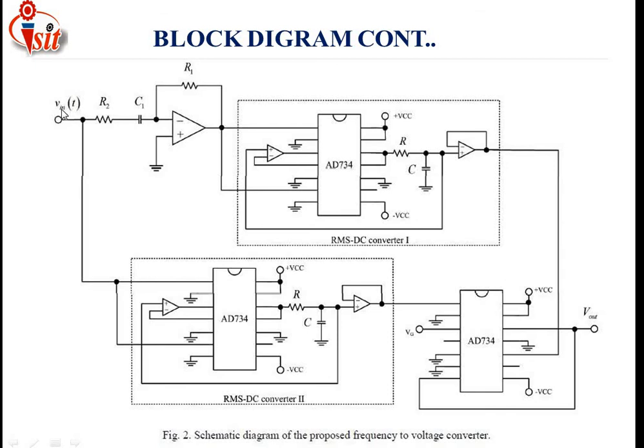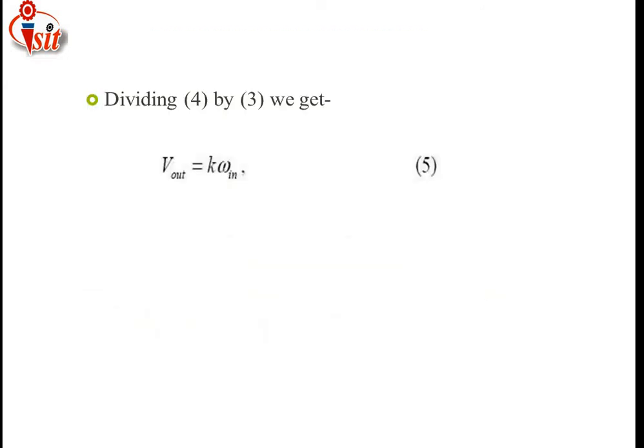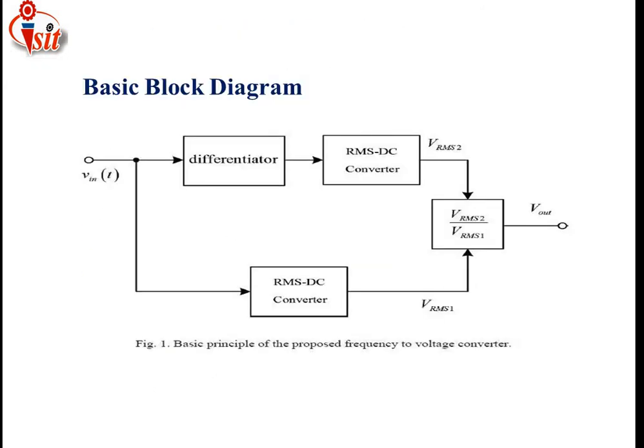Previously we have seen the block diagram related to this explanation, and this block diagram is similar to it. The differentiator is present there, as I have shown. The output generated by the differentiator is given to one RMS DC converter, and the input voltage is applied directly to the other RMS DC converter.